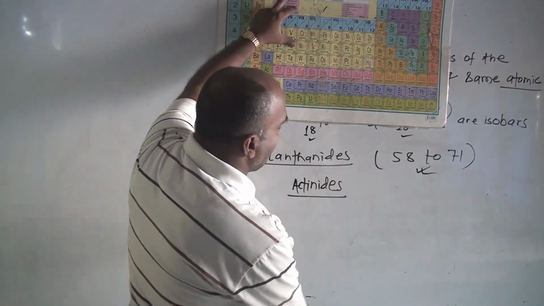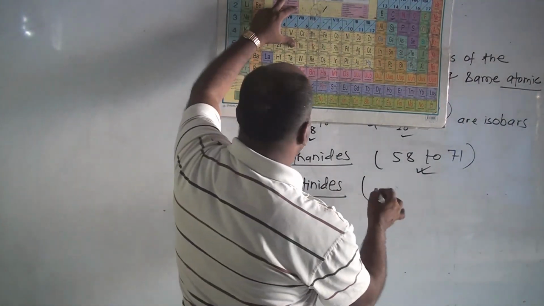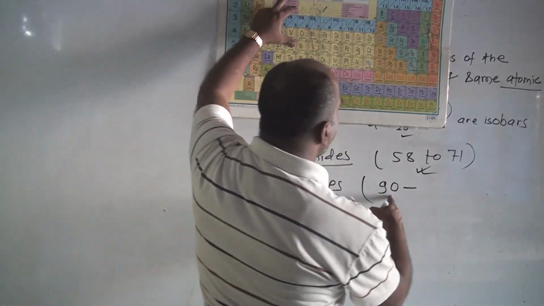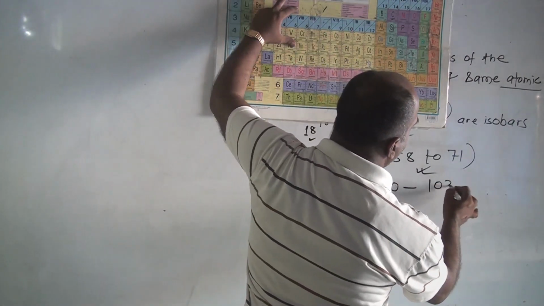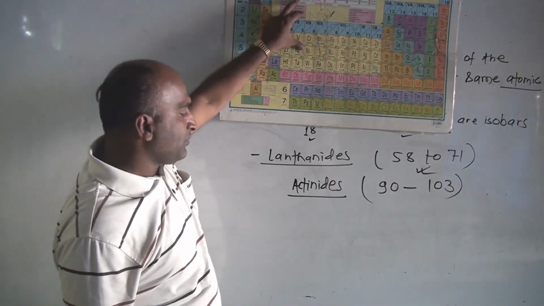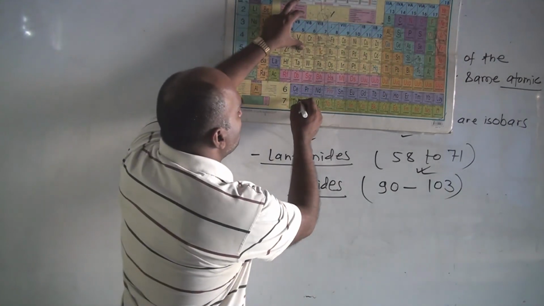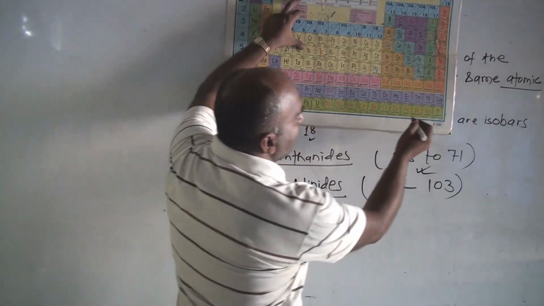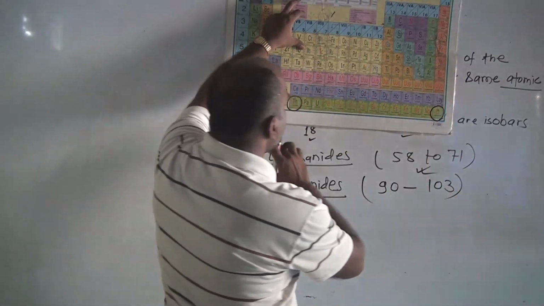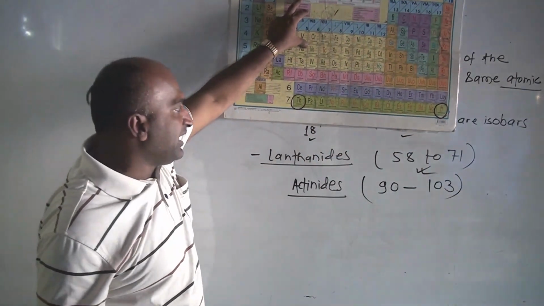It is also called the actinide series. This represents the elements from atomic number 90 to 103. 90 to 103 means here this is thorium and here is lawrencium. These are also 14 elements.